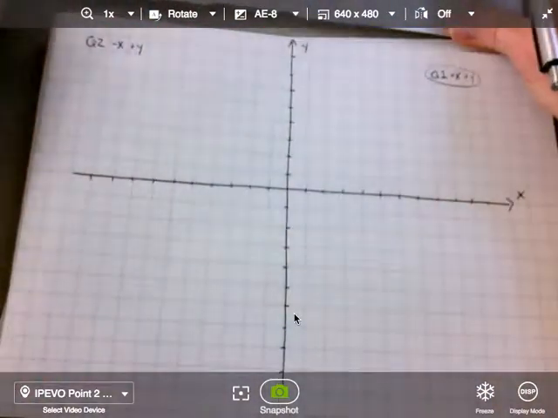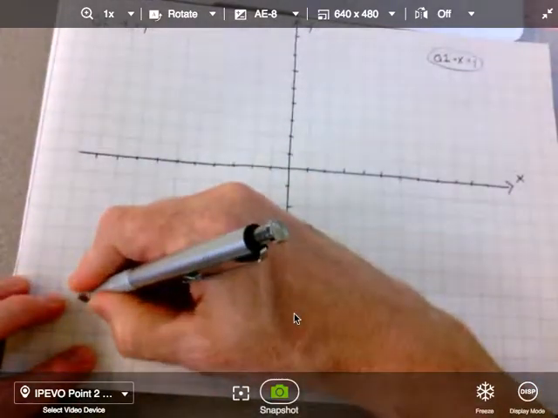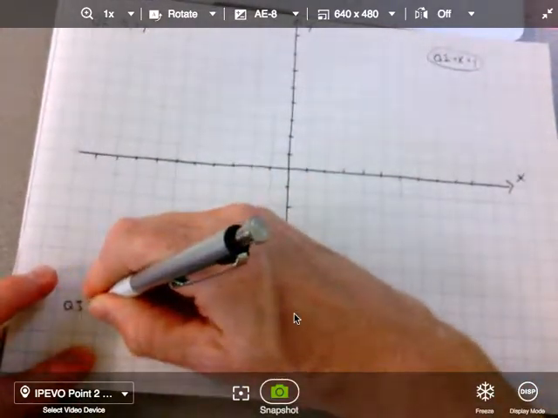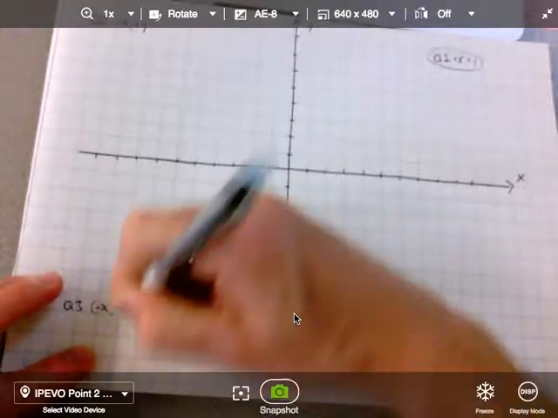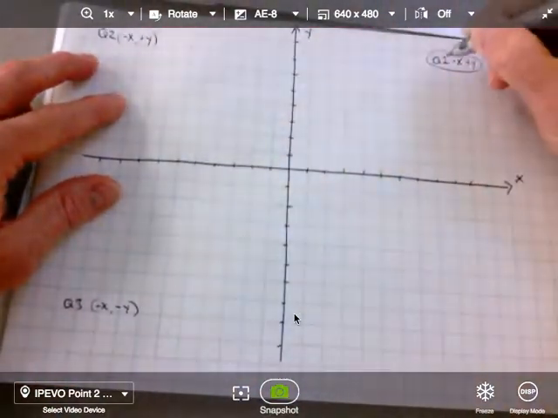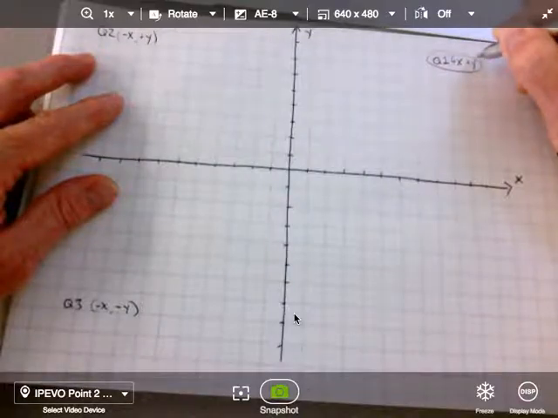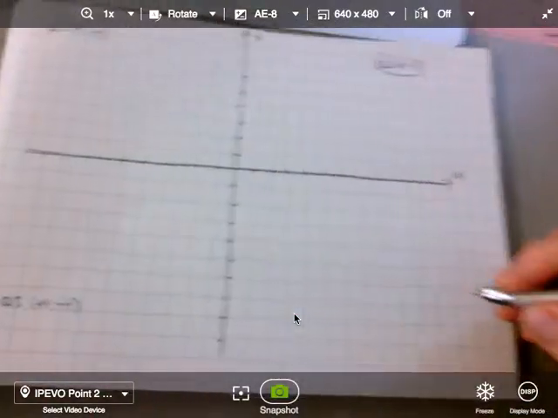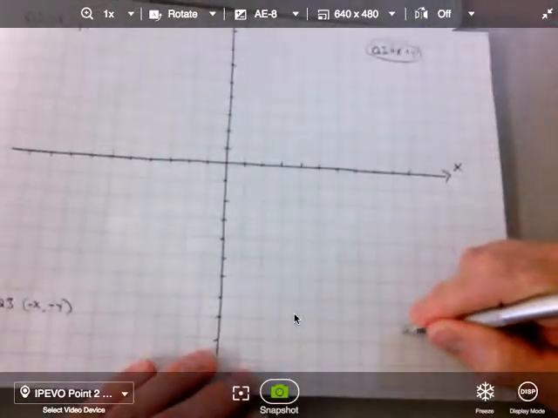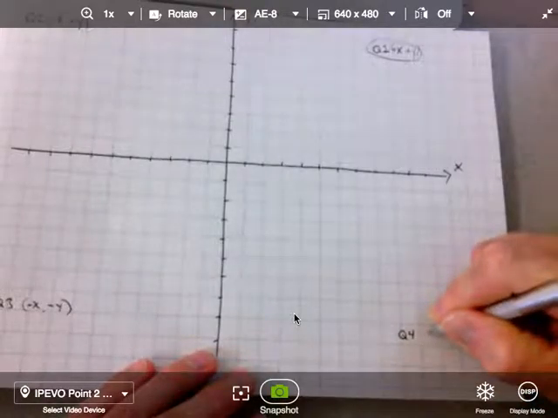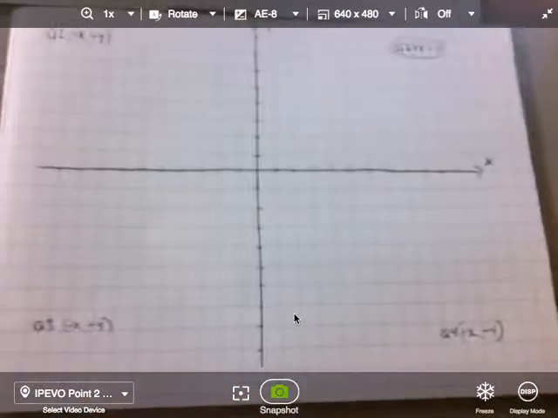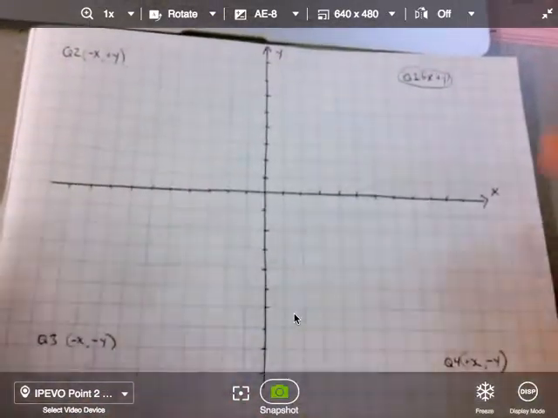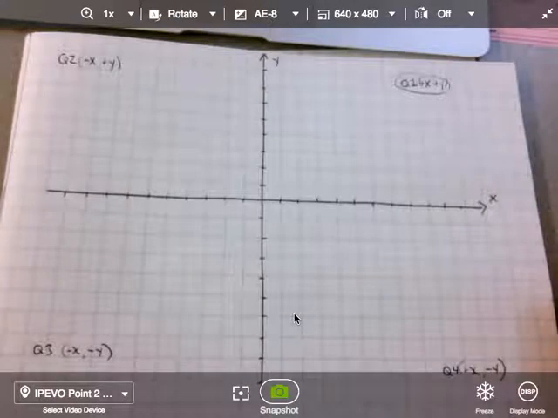And we know that in quadrant 3, x is negative and y is also negative. And then in quadrant number 4, x is positive, but y is negative. Okay. And as I said, that's most important for when we do rotations.